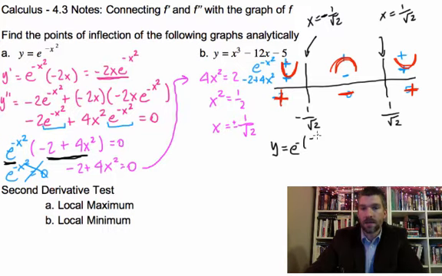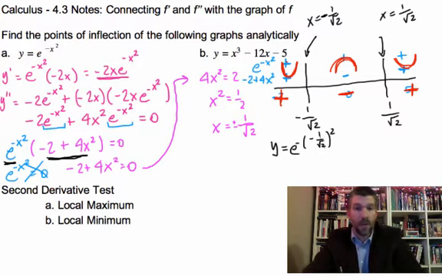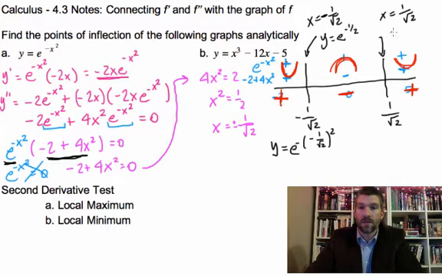What is my x? Well, it's negative 1 over root 2, squared. Well, what is that? 1 over the square root of 2 squared is 1/2. All right, a negative 1/2. So my y value then for this guy is e to the negative 1/2. And it's going to be the same thing over here.